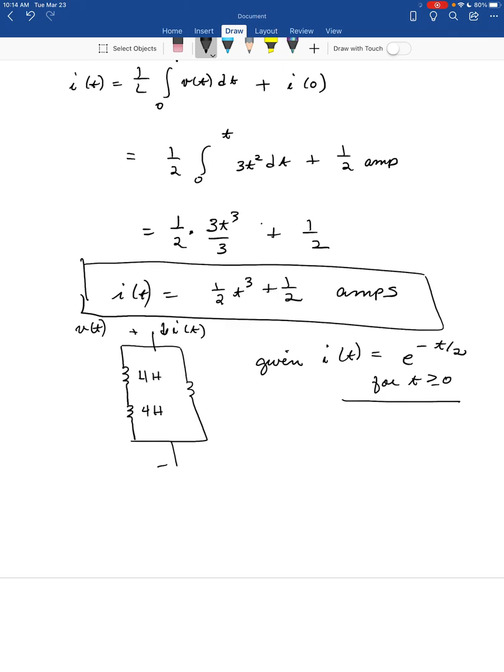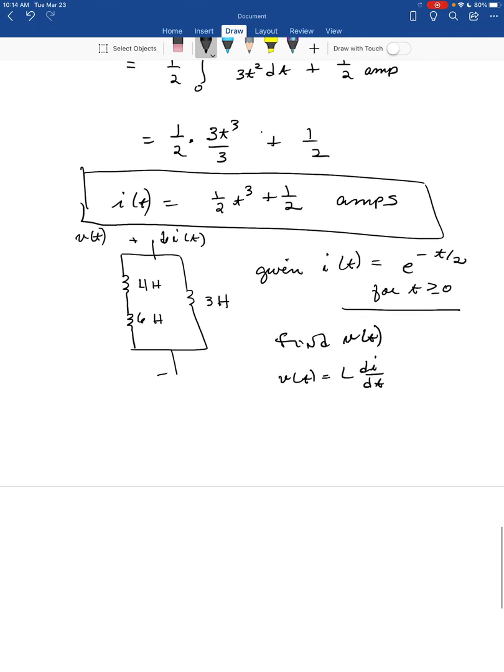Now let me put some values here. Let's do 4 henries, 4 henries, and actually let's do 4, 6, and 3. All right, so what I want is to find v of t. The equation v of t is L di/dt can only be applied to one inductor at a time. The current that I'm given is the current at this node here at the top.